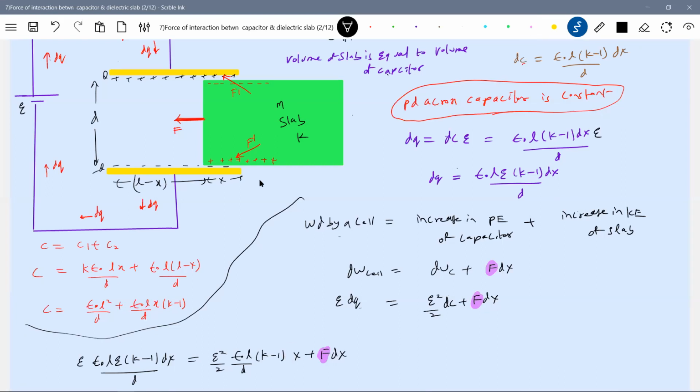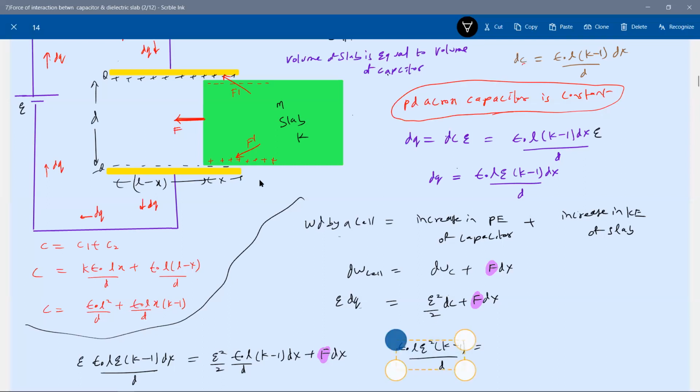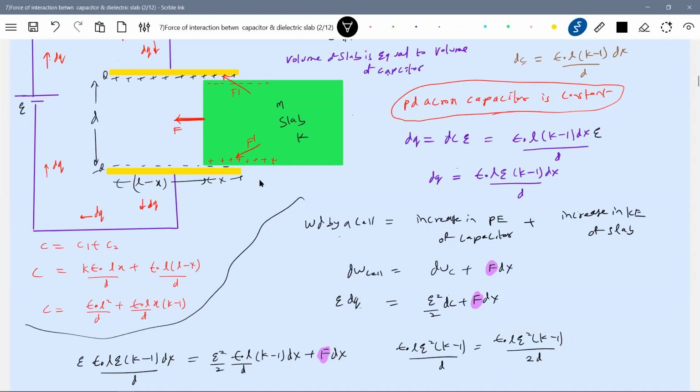So shall we cancel dx? First condition, I'll cancel dx. Then after cancelling, this will become epsilon naught L E square (K minus 1) by 2d. The same quantity, only the denominator becomes 2d.